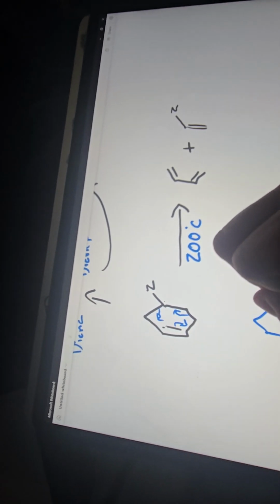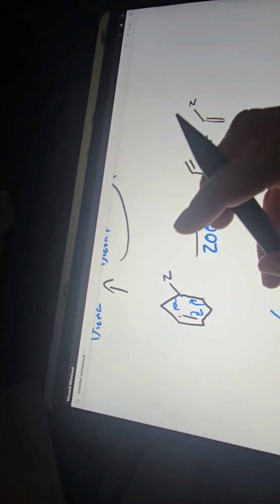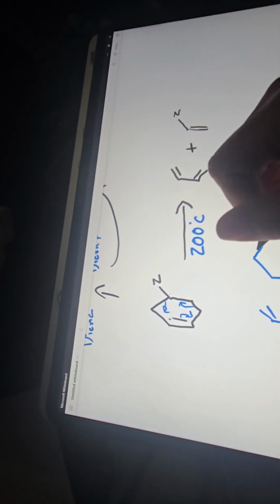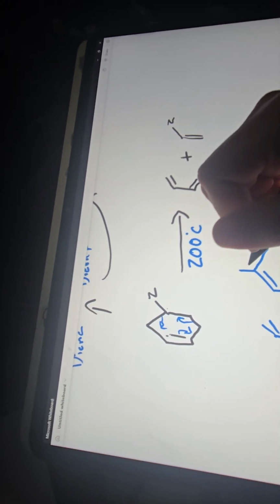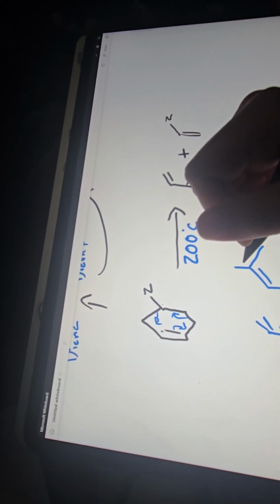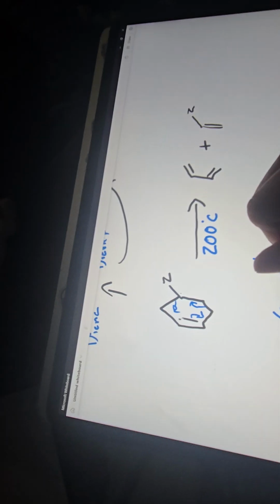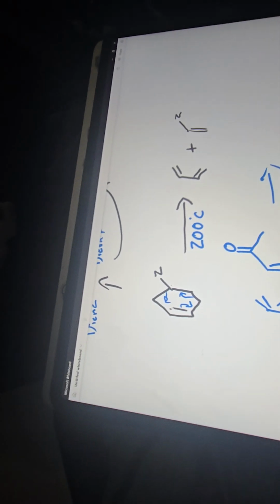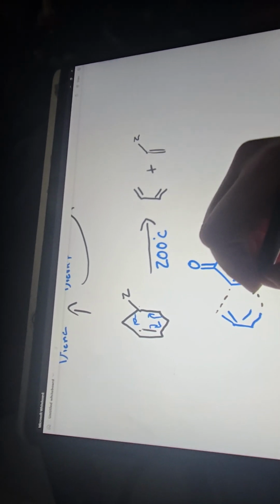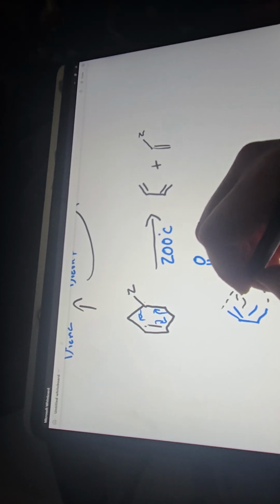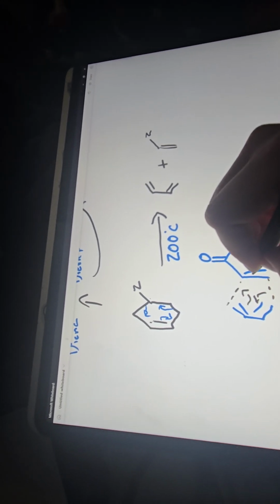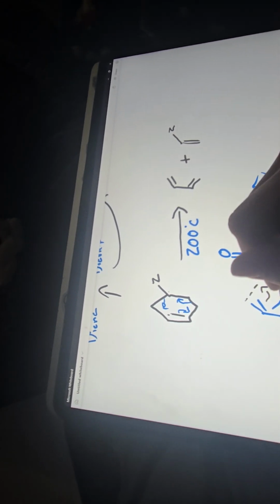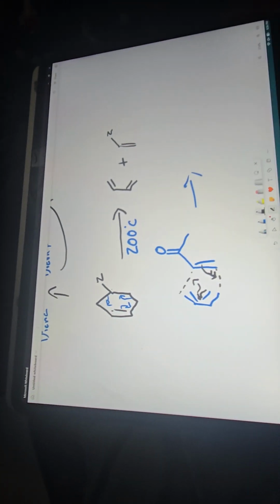So, for example, if you had something like this, the reaction will take place in the same way as shown before, with the bonds moving like so.